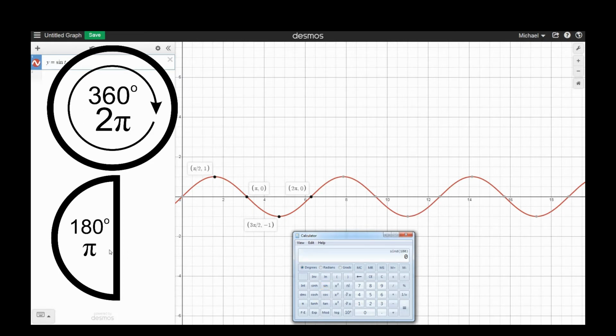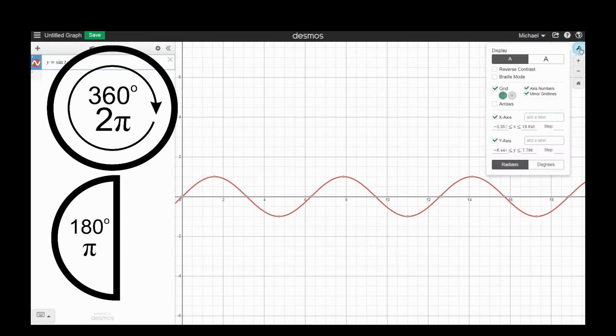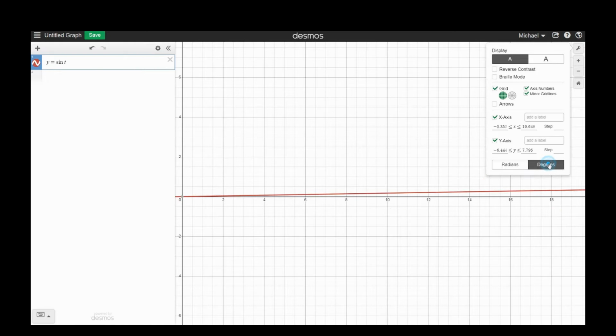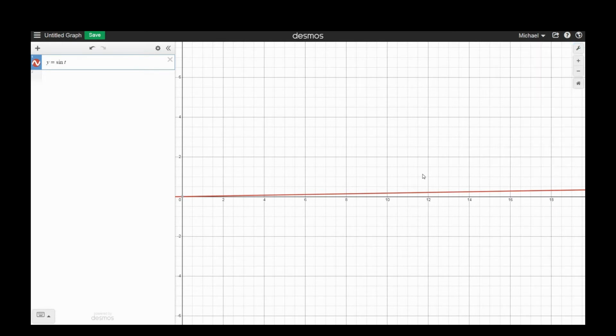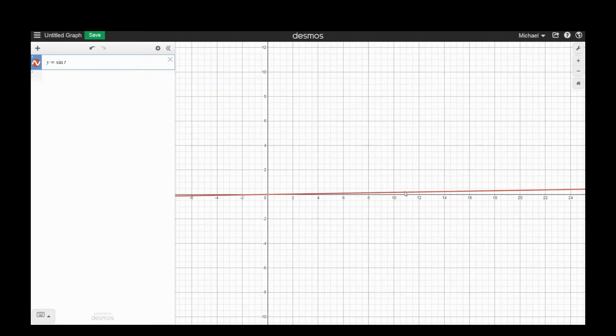What are we going to do with this now? Well, I would like to bring you up to speed on radian measure to make next year a little bit easier, but it's not essential. For right now, once you click on that tool, you're just simply going to hit degrees and convert it to degrees of measure. The trouble is now the graph has been squished because all of a sudden Desmos extended the x-axis for hundreds of degrees.